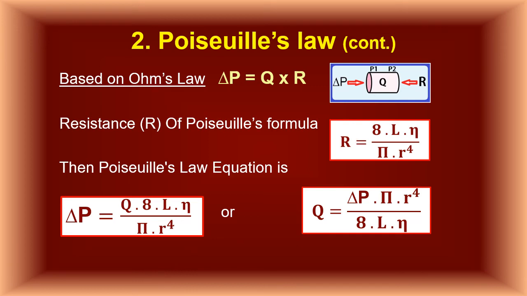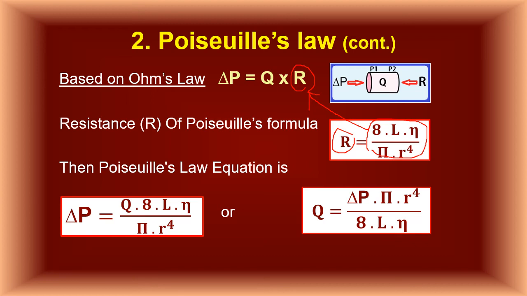So if we take this radius here, and substitute all of these factors for the R here, because this R is equal to this, what happened? If I substitute R by these factors, I come up with the end formula, the last formula that we need to understand about Poiseuille.